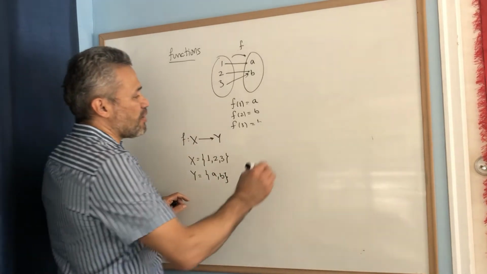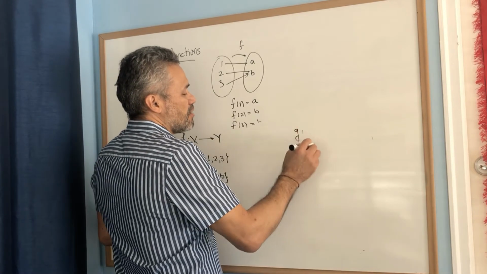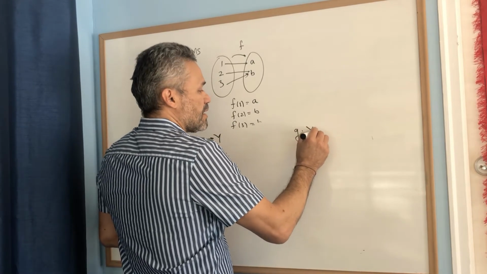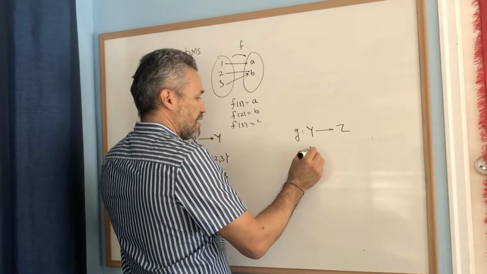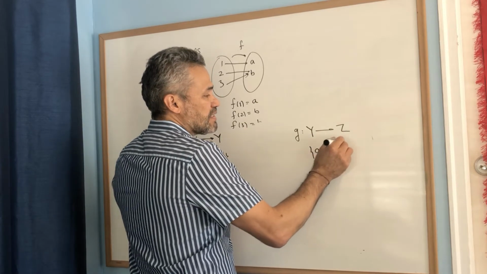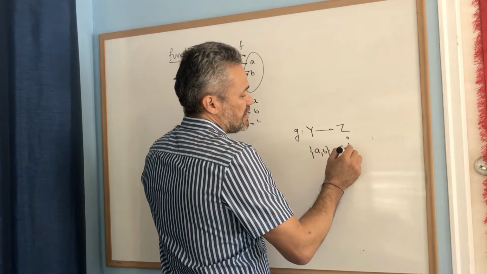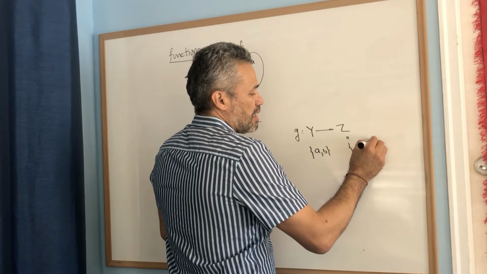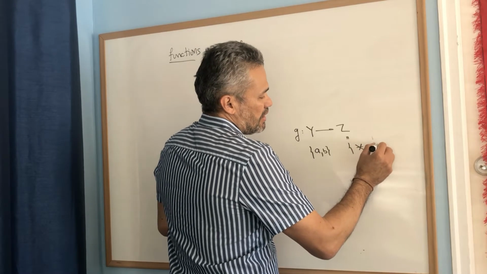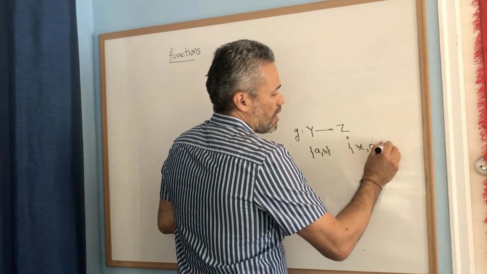Let's suppose we have another function g from y to c, where y is the set a, b, and c is the set star, circle, and apple.